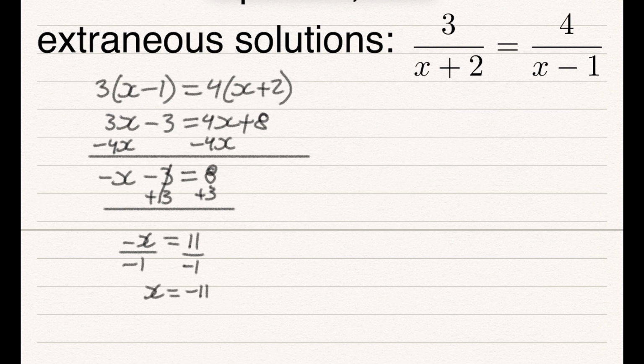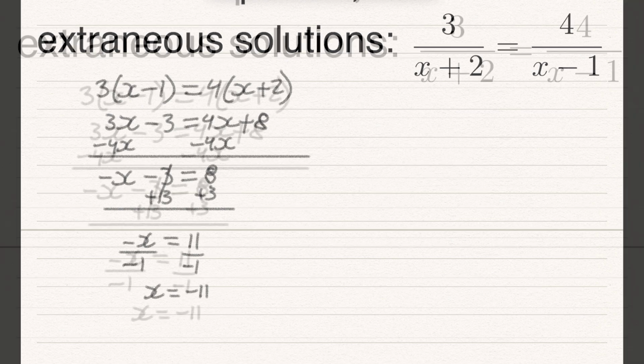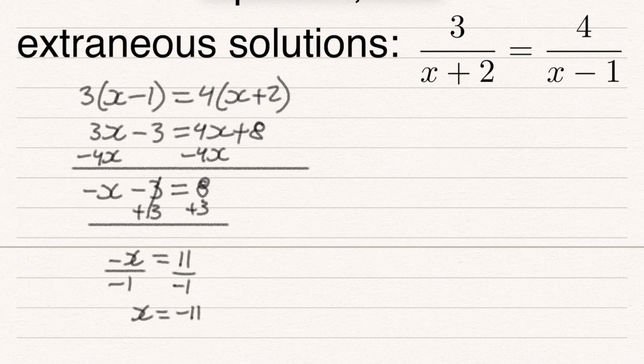But now we need to check that in our original equation. So we need to plug that back into the original equation to see, is that a real solution or is that an extraneous solution? So we plug that back in. Negative 11 plus 2 would be equal to 4 over negative 11 minus 1.